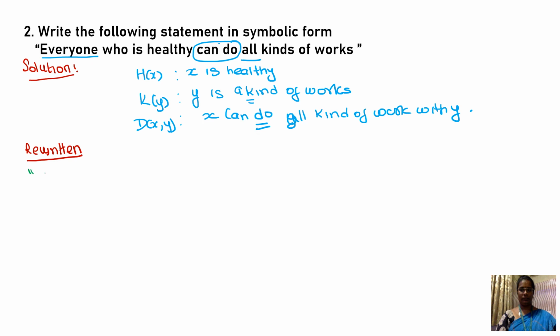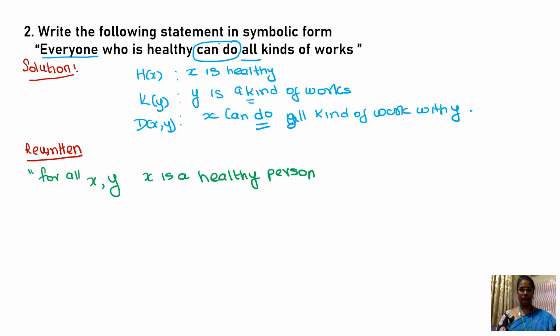For all x comma y. You can also write for all x and for all y, or write together for all x comma y. X is a healthy person. Here again, I have used the quantifier everyone, and I have to consciously rephrase this statement in conditional, if-then form.